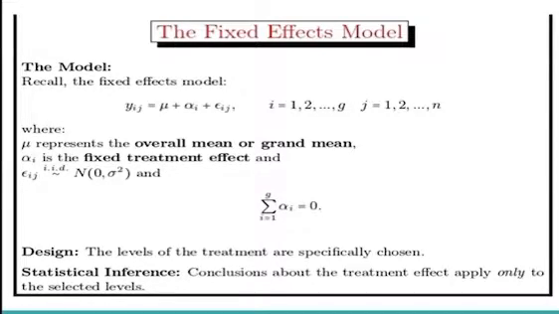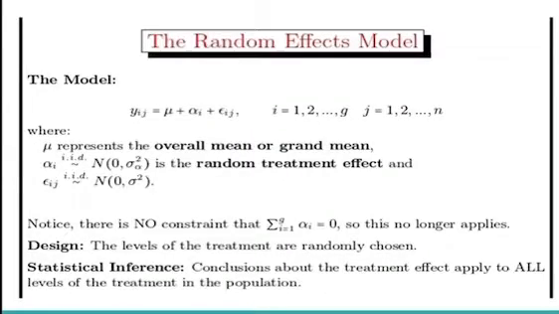When a variable is random, it must follow a distribution. In the case of a fixed effect, our effect is fixed. Therefore, our effect will not follow any distribution because it's fixed. But in the case of a random effect, in addition to the error term that follows a normal distribution, the alpha i will also follow a normal distribution.